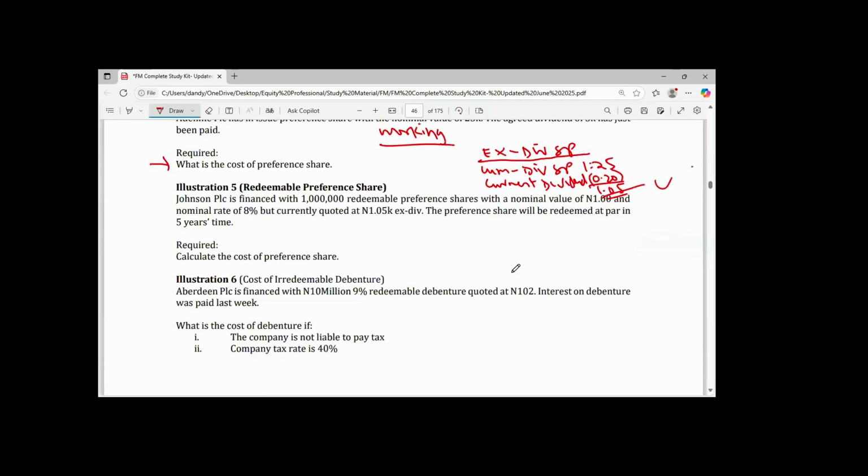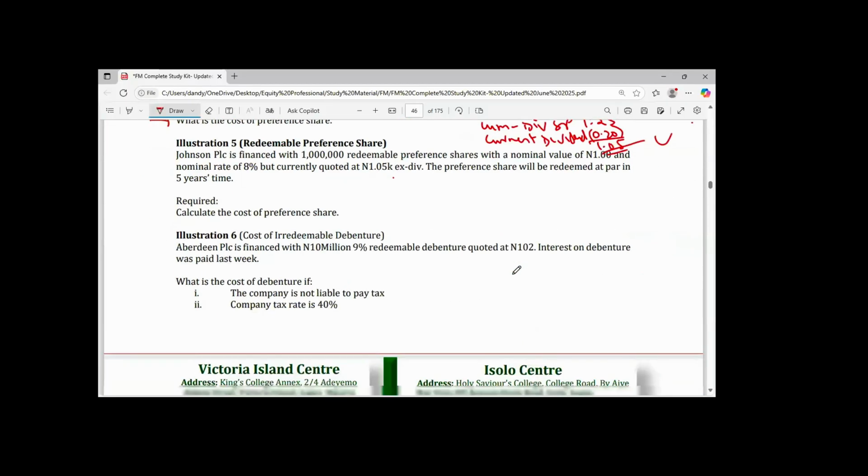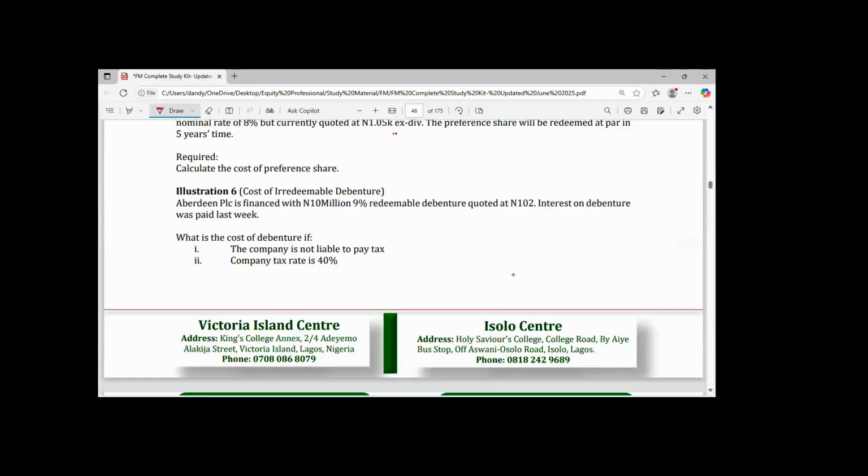So in this case, what am I supposed to do? The name of the company is Adenine PLC. The examiner is asking us to calculate cost of preference share, KP.